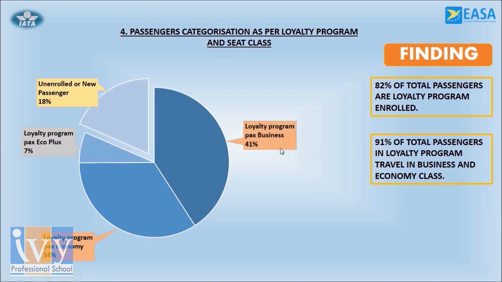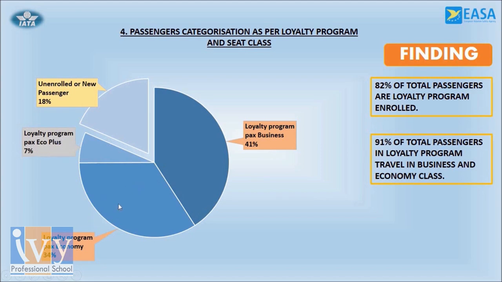we can see that 41% of loyalty program passengers traveled in business class, whereas 34% traveled in economy class, and only 7% traveled in economy plus.